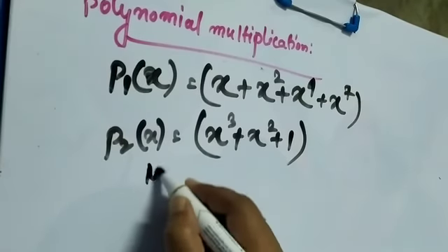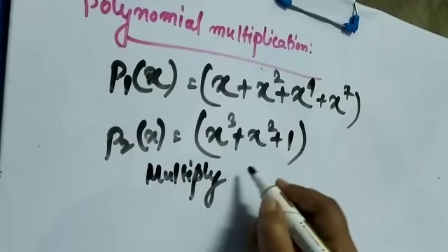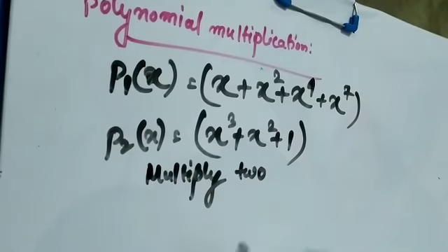Multiply these two and compute the resultant polynomial.